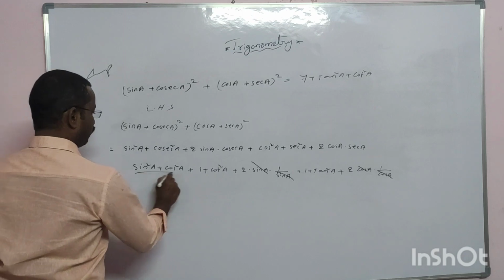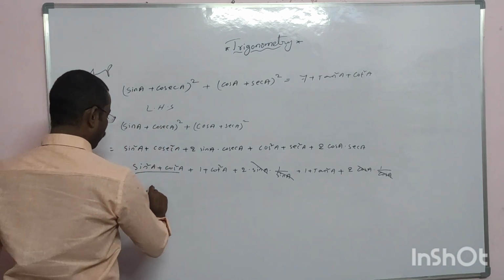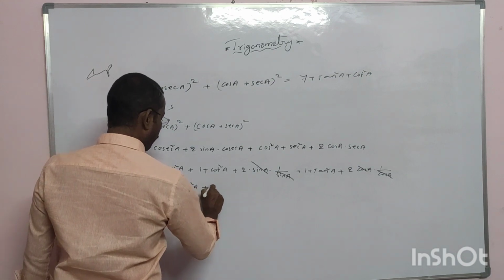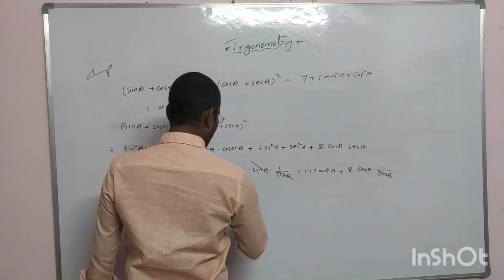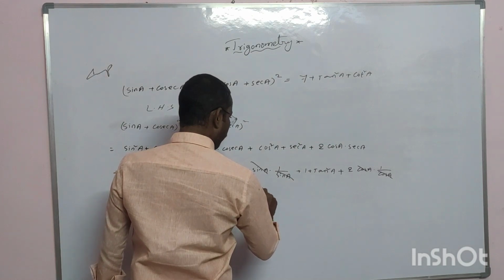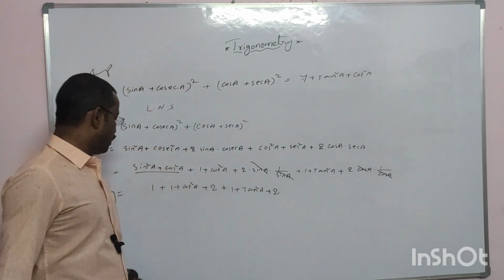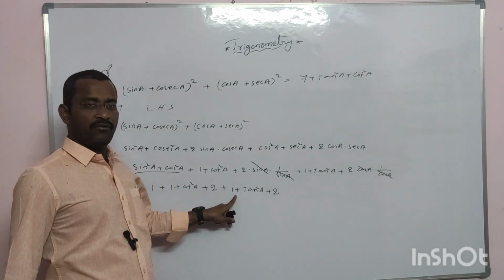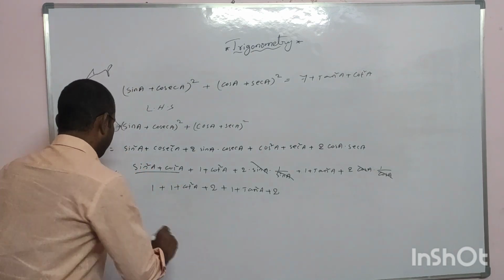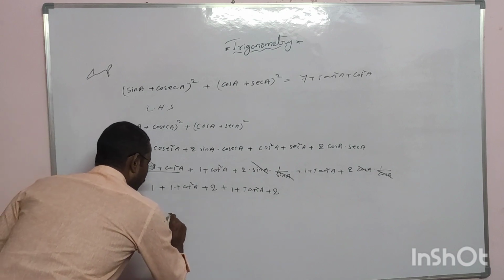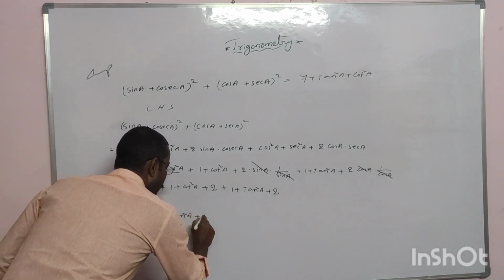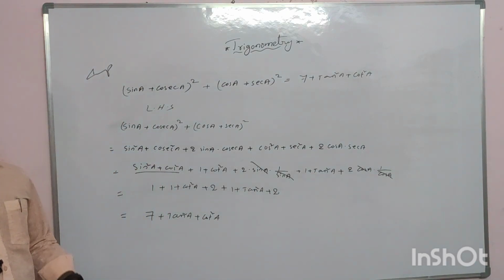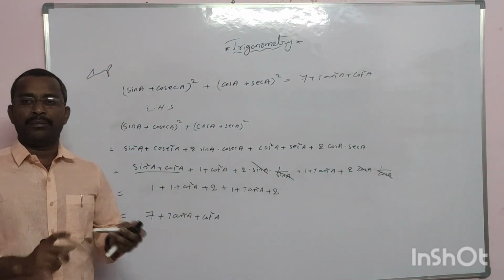What is the balance? Cos square A plus sin square A, value 1. So 1 plus cot square A plus 2 plus 1 plus tan square A plus 2. 1 plus 1, 2, 2 plus 2, 4, 4 plus 1, 5, 5 plus 2, 7. So 7 plus tan square A plus cot square A, or cot square A plus tan square A, because A plus B is equal to B plus A.